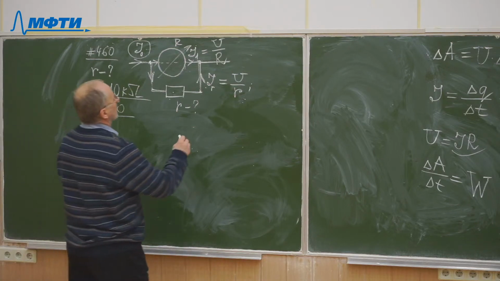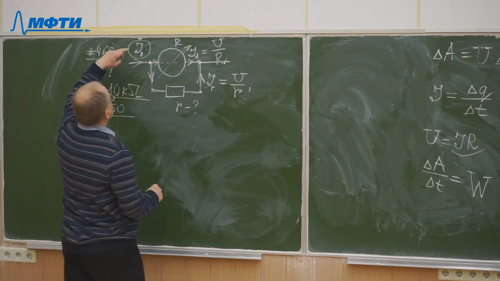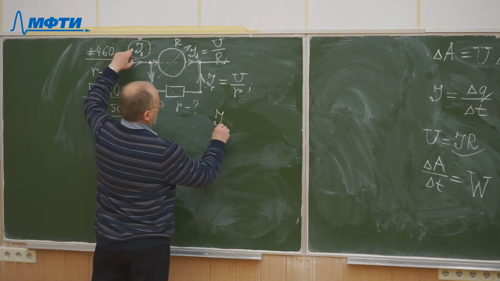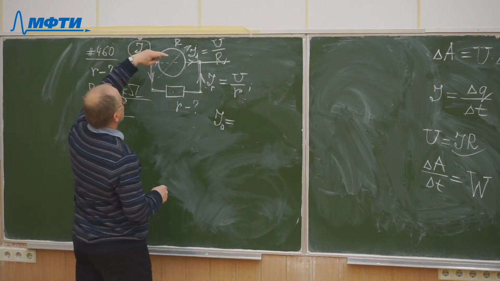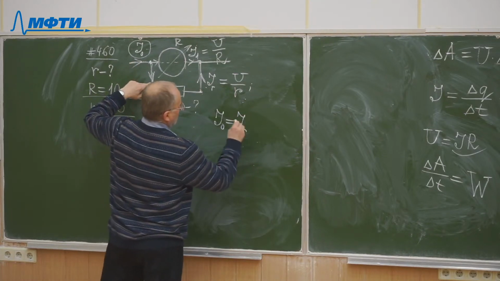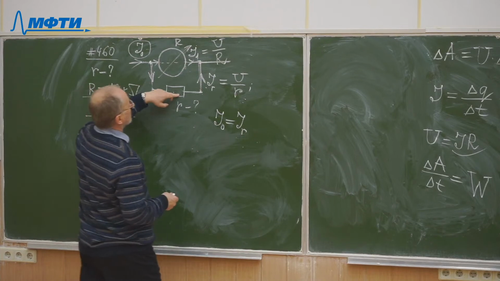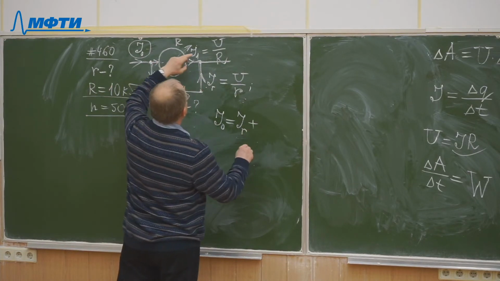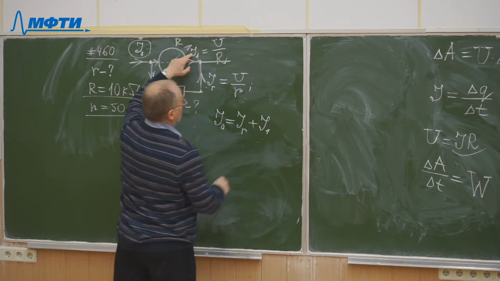And also we know that the external current I0 equals the sum of these currents, the current IR which goes through the shunt, plus the current I1 which goes through the galvanometer.